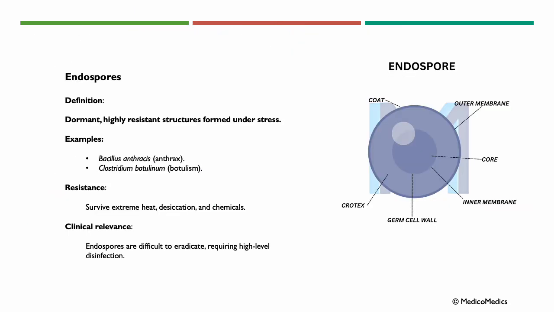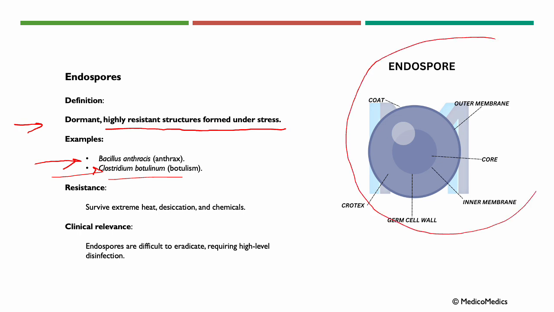Now, what are endospores? These are dormant, highly resistant structures formed under stress. Some examples can be anthrax or botulism, Clostridium botulinum. And some bacteria can hibernate, indeed by forming these tough shells called endospores.